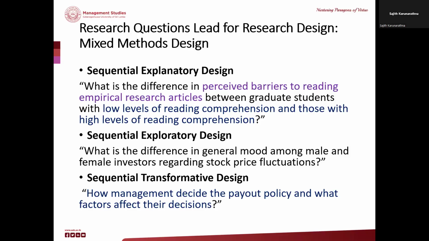Quanti first, quali second. For example: what is the difference in perceived barriers to reading empirical research articles between graduate students with a low level of reading comprehension and those with a high level of reading comprehension?